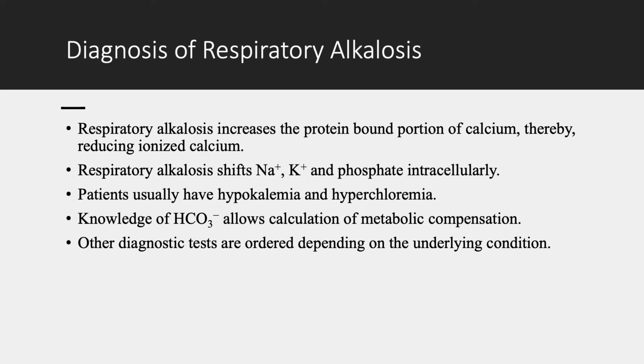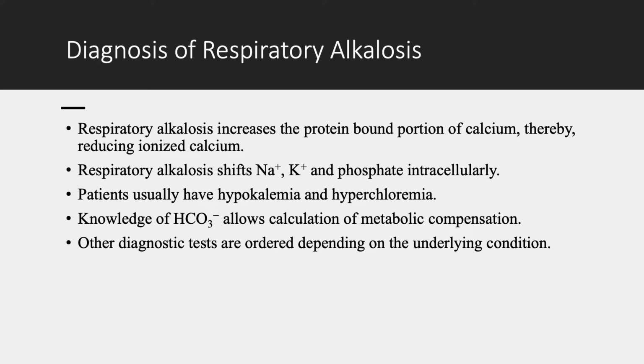Respiratory alkalosis reduces calcium. Actually, it increases the protein-bound portion of calcium, so ionized calcium will be low while total calcium will be fine. Now, respiratory alkalosis causes a shift of potassium intracellularly, in the same way sodium and phosphate shift intracellularly.